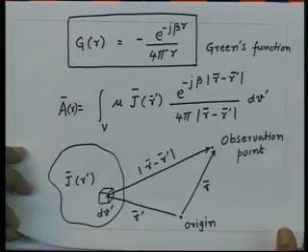So, now let us take the simplest possible case of the current distribution, and that is if I have a very small element of current. Well, once I say current, it has a direction. The source which we had taken for Green's function was a point, because it was not a vector, so it was located at the origin.